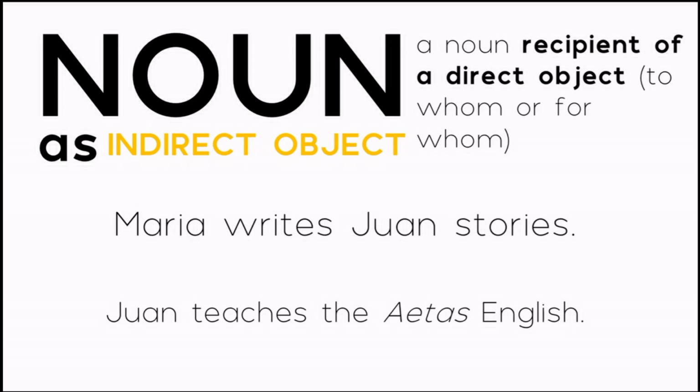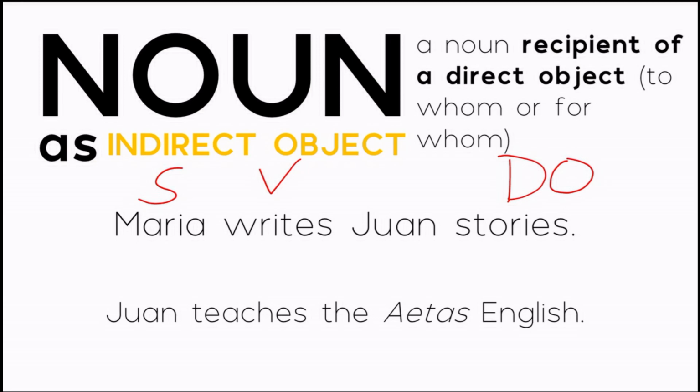That's why you can see here, Maria is the subject. Then the verb is writes. And then the direct object. In looking for the indirect object, you have to first look for the direct object. So you ask the question, Maria writes what? Is it Juan or the stories? So Maria writes stories. So that's the direct object.